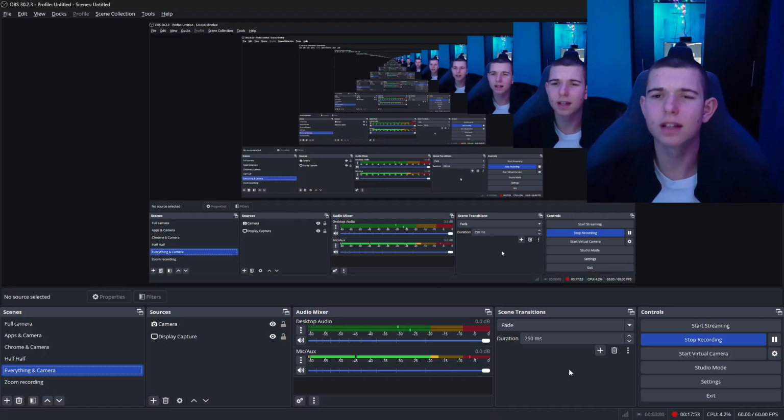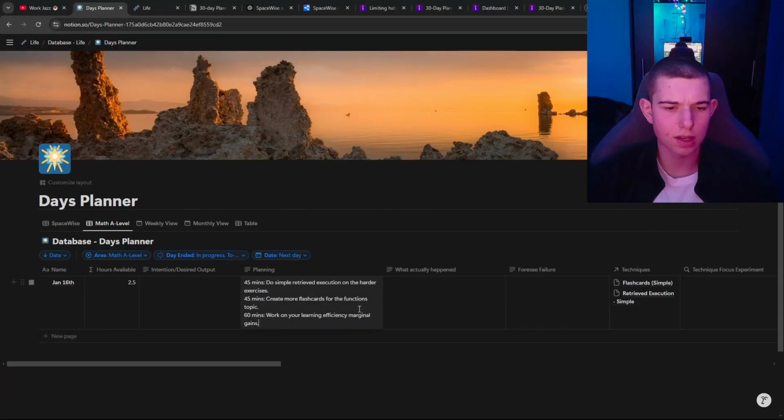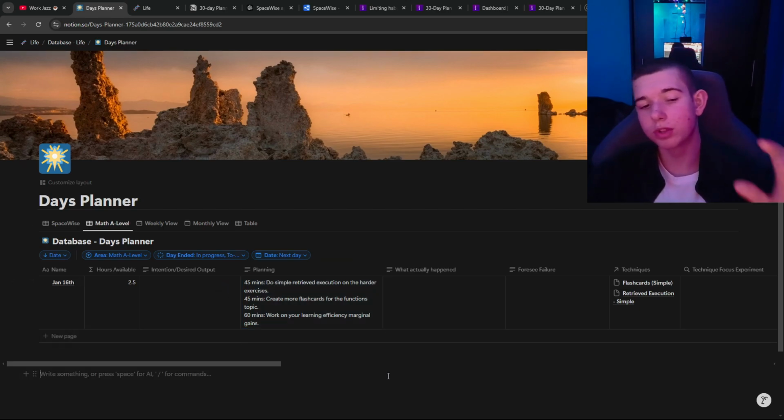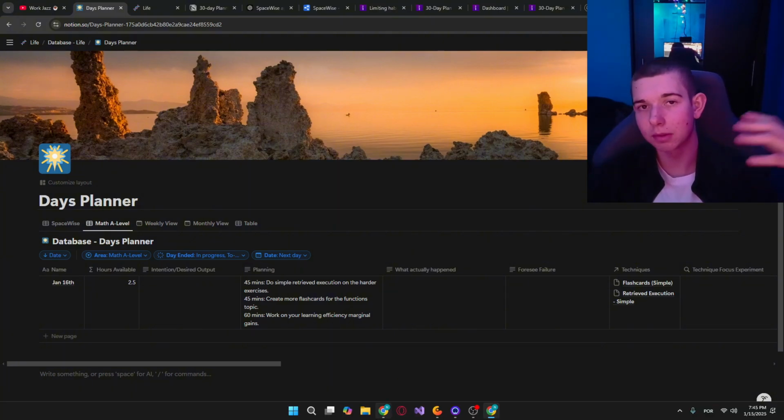Alright, didn't take long, but here's what I did basically. This has not much to do with SpaceWise directly, but I'll just briefly show it to you and explain it. So tomorrow I'm going to be doing simple retrieved execution, which is a learning how to learn technique that I'm learning.